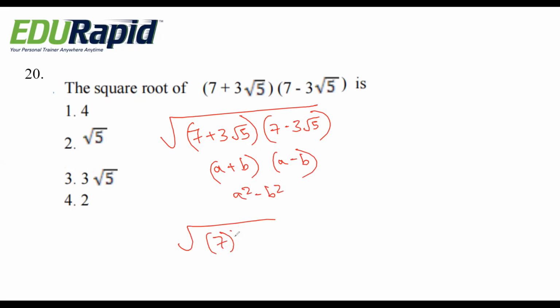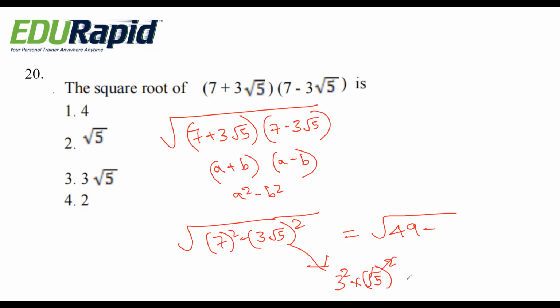So 7 square minus 3 root 5 square. So it is 49, and 3 square into root 5 square is 9 into 5, which is 45.